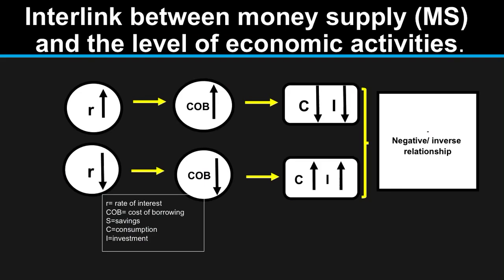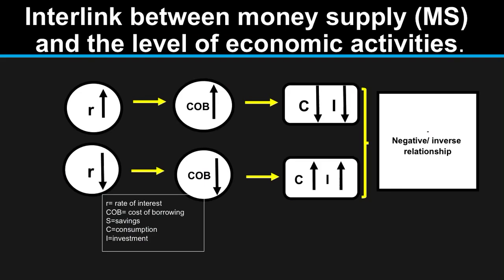Alright, so consumption is mainly on consumer durables, as well as private investment, where you can see consumption increases, investment increases. This will increase the aggregate demand, which will increase the national output or the economic growth of the country, as well as the employment and price.